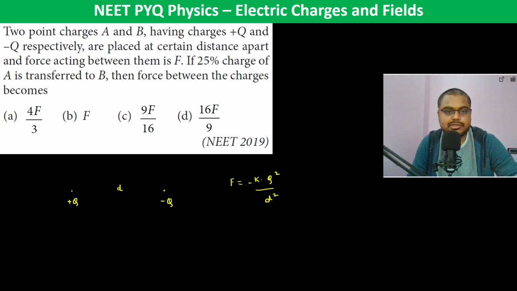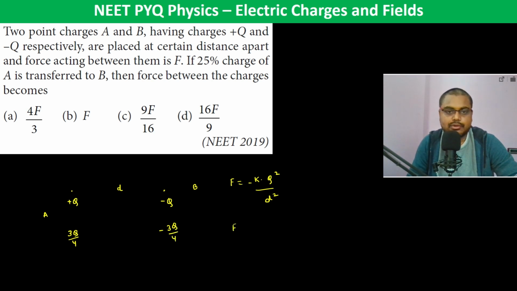25% of the charge A is transferred to B. So this is A and this is B. So this 25% is transferred. So how much is this now? This becomes 3q/4. Okay, and here also 25% has gone, so this also becomes minus 3q/4.